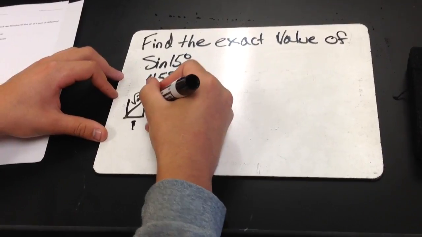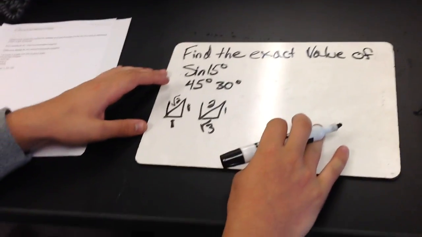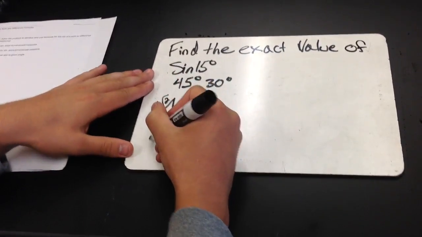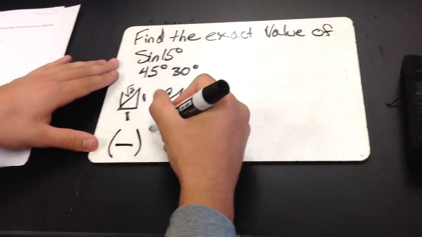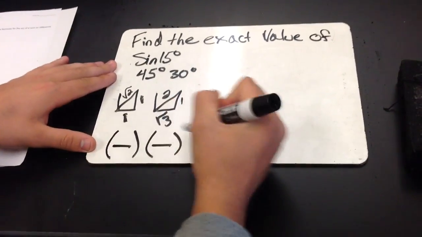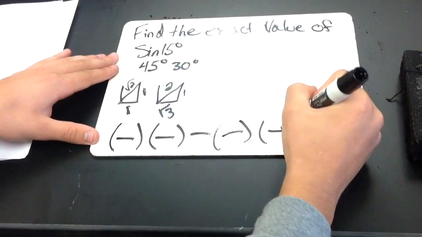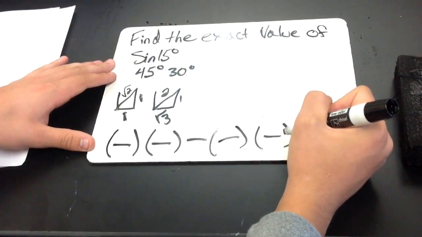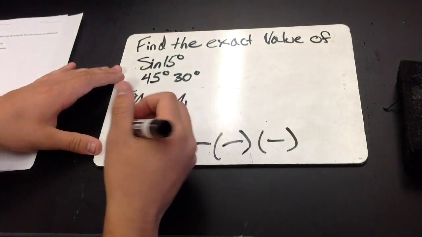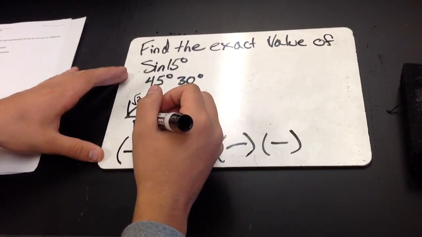Now, just as you normally would, you're going to plug it into the formula, but this time it is using a different formula, as you can see on your notes that we handed out. There's going to be a subtraction sign in the middle now, because it is the difference identity. So let's plug these numbers in.